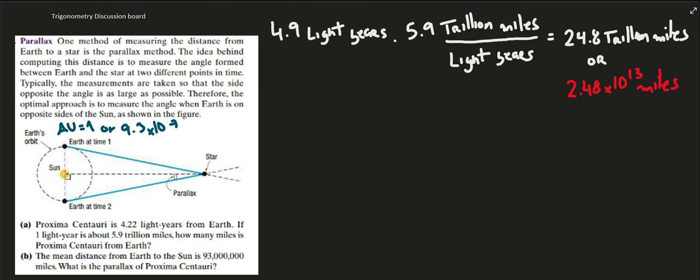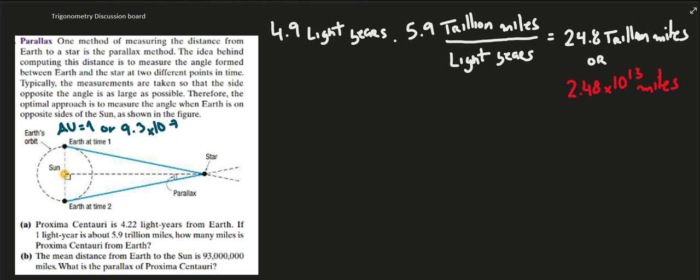So in part A they give us the distance from the Sun to a star called Proxima Centauri, and we have to convert that distance into miles. So we use the conversion factor and we have 4.9 light years times 5.9 trillion miles is equal to 24.8 trillion miles.